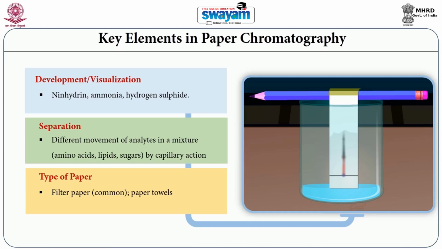So in fact, in the same paper that has been used for separation of, say, metal ions, different visualization methods can be used simultaneously. To illustrate with an example, if, say, cupric nitrate and nickel nitrate and ferric nitrate are being separated, ammonia can be used to visualize the copper and the iron salts, whereas right after the visualization using ammonia vapors, some other compound like dimethyl glyoxime could be used to visualize the nickel compound.